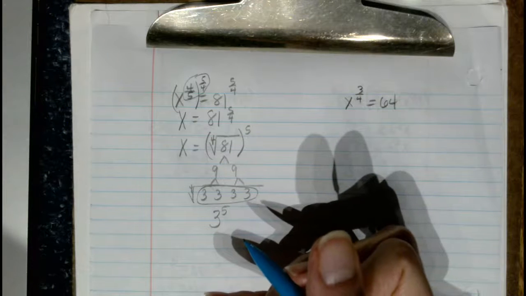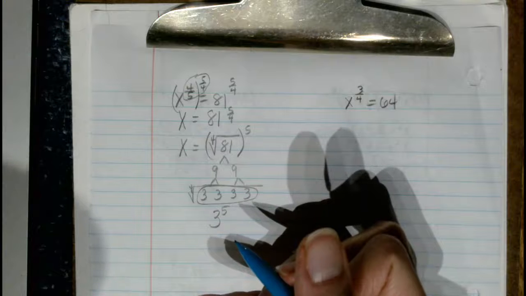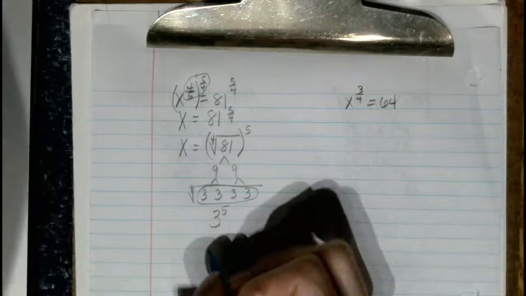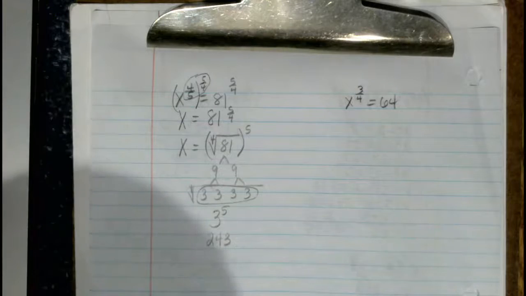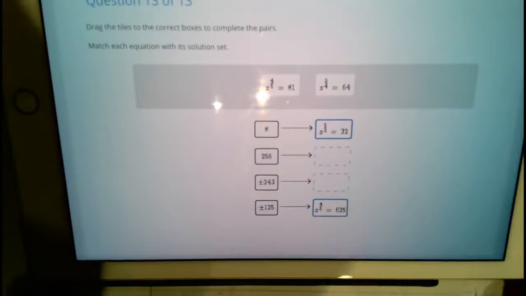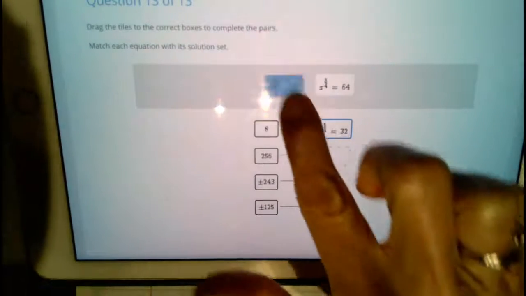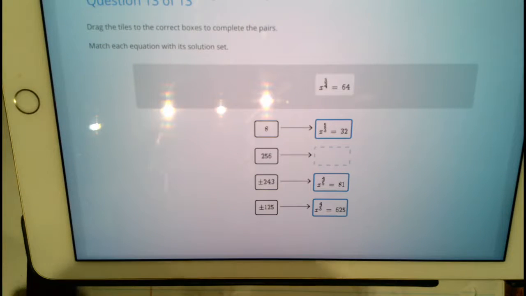And I have to stop and think here for a second, but 3 to the 5th, I think is 243. So when we go back and look at Edmentum here, so I don't forget to talk about it, here we just did x to the 4/5 equals 81. We get plus or minus 243.